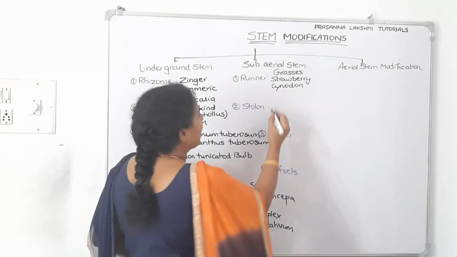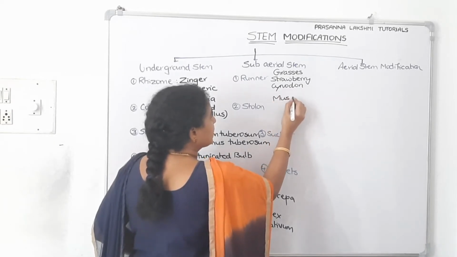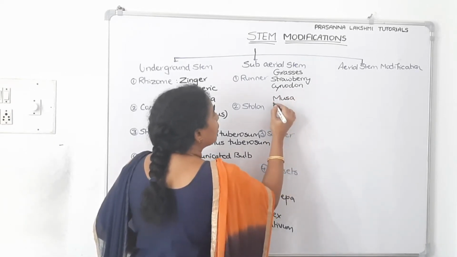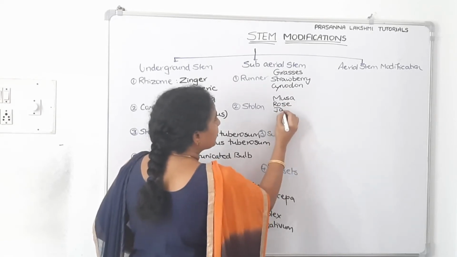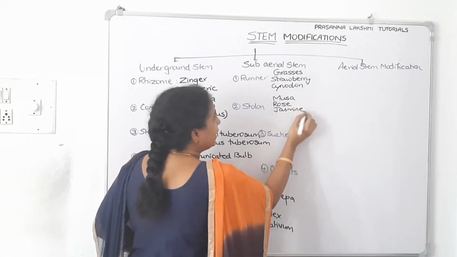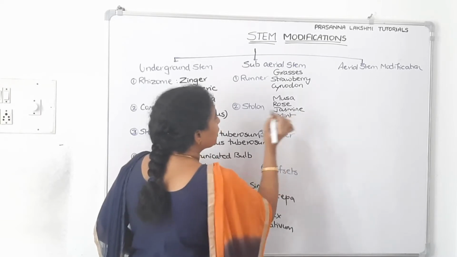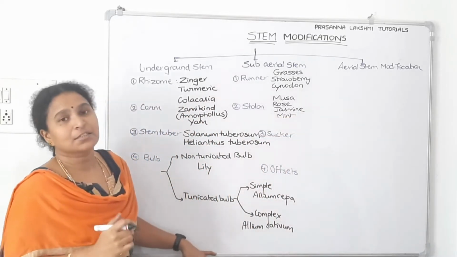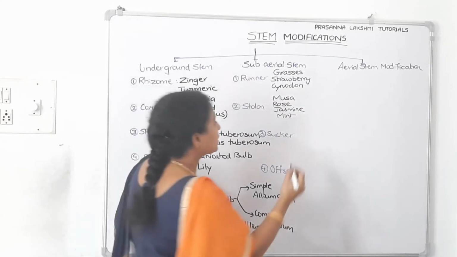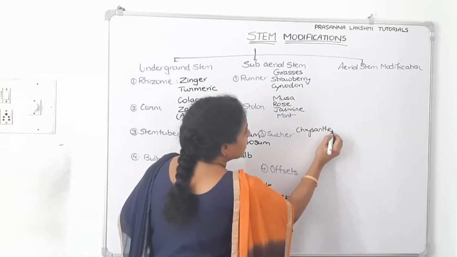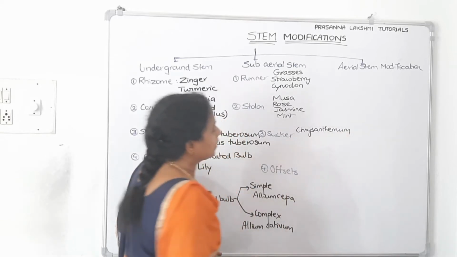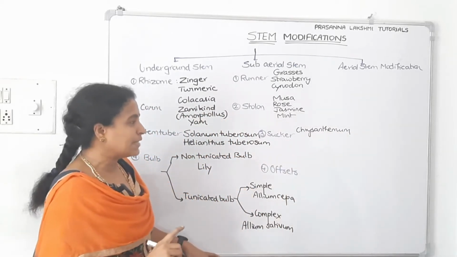For stolon, banana, that is Musa, is an example. Then rose is an example, and we can take jasmine and mint as examples for stolons. For suckers, the example is chrysanthemum.